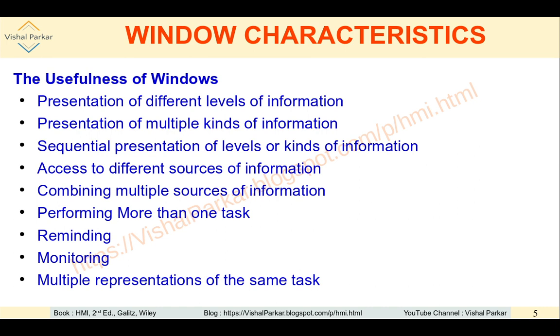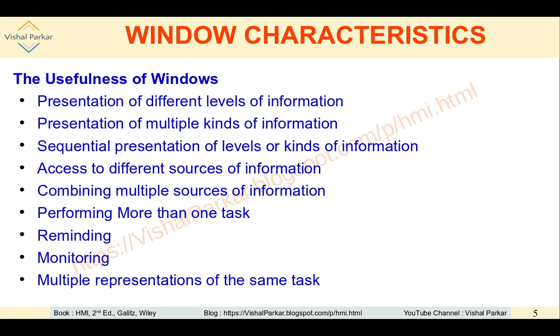Access to different sources of information. Now the information may be available in the same file, maybe in different files, or maybe on some other computer connected through a network, or maybe one database table, for example. So different sources can be there.